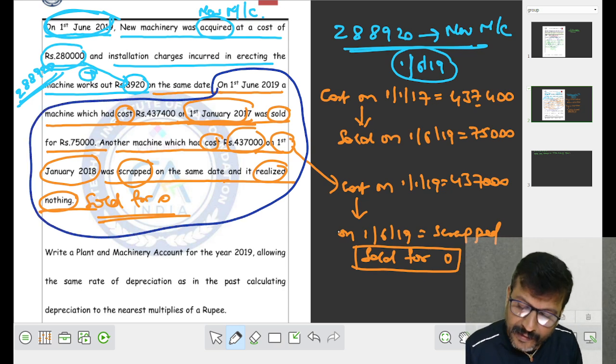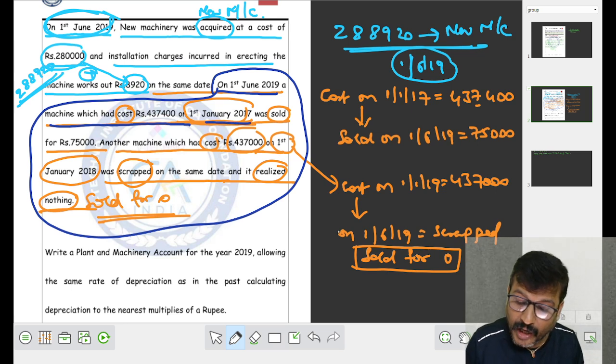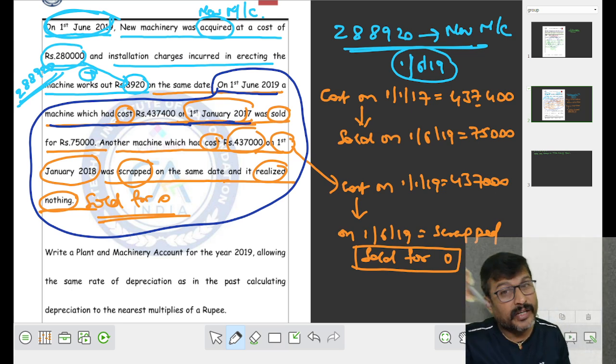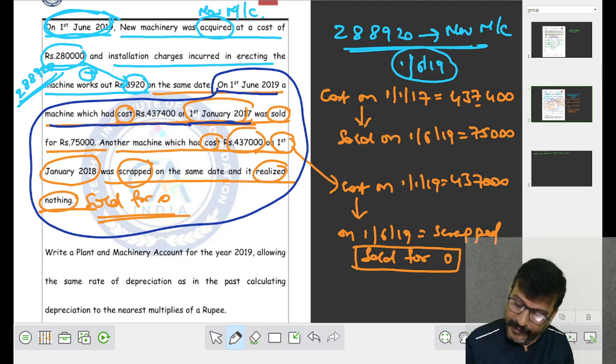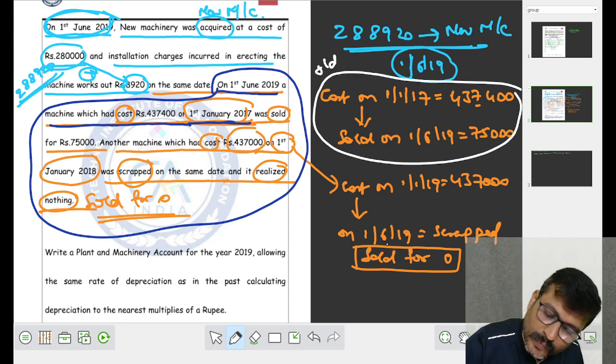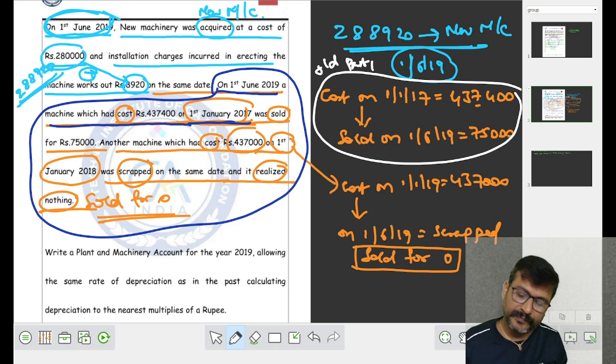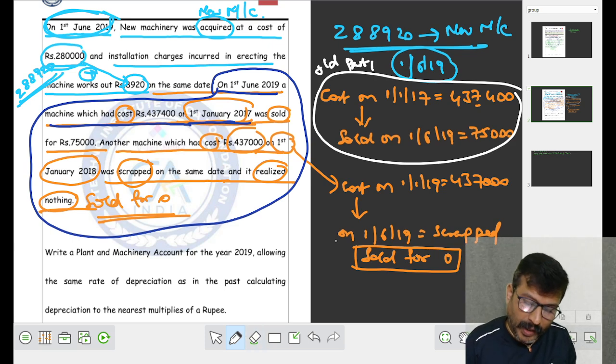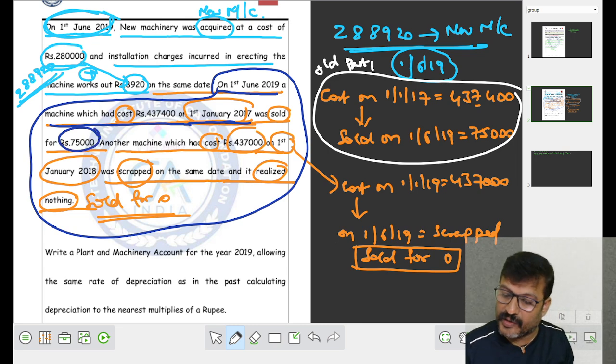On 1st June 19, the machine which had a cost of 4,37,000 on January 17, that is old part 1, was sold for 75,000.